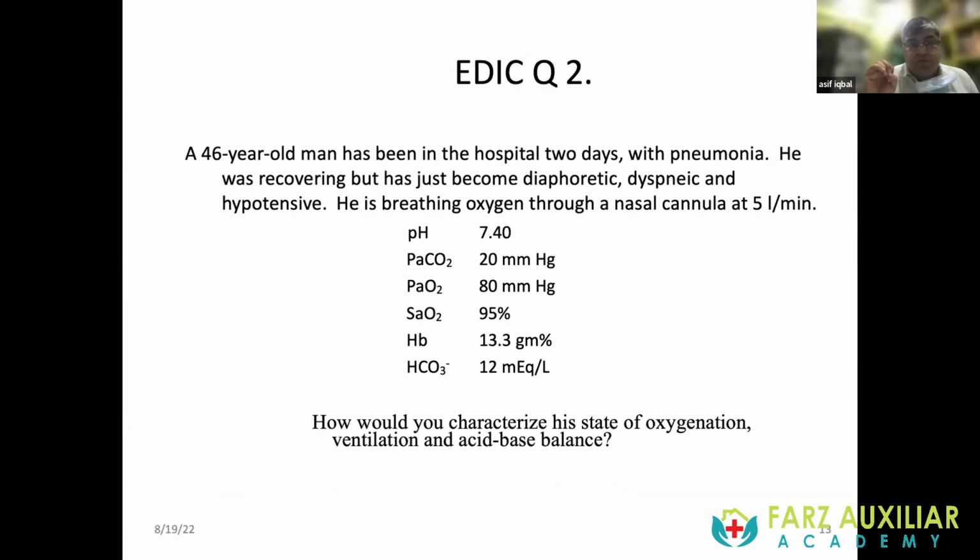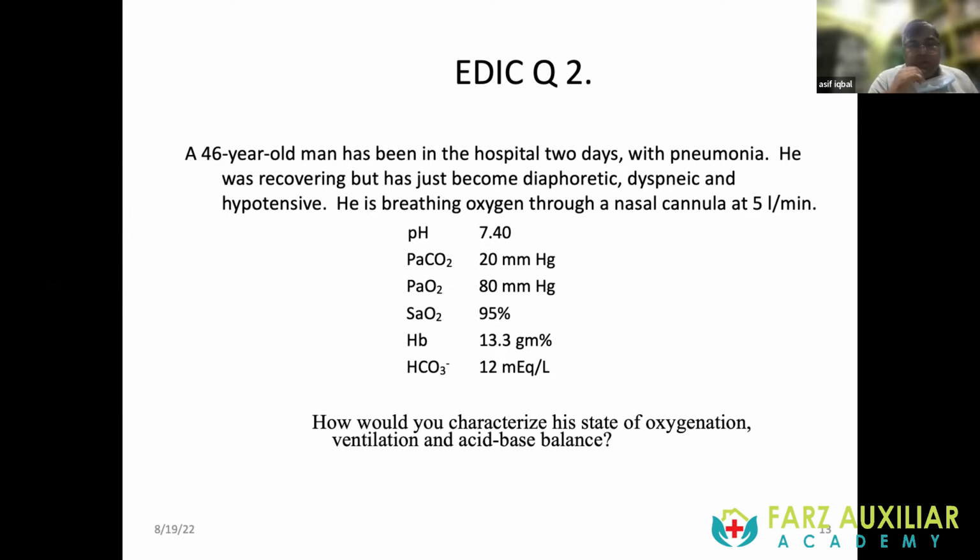Now case number 2. A 46-year-old man has been in the hospital 2 days with pneumonia. He was recovering but has just become diaphoretic, dyspneic and hypotensive. He is breathing oxygen through nasal cannula at 5 liters per minute.